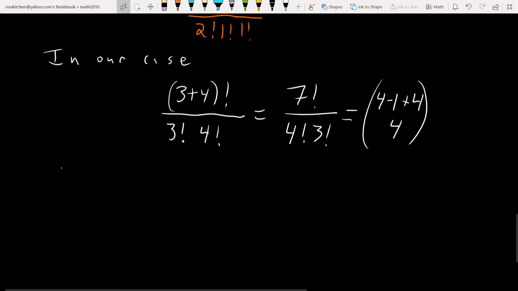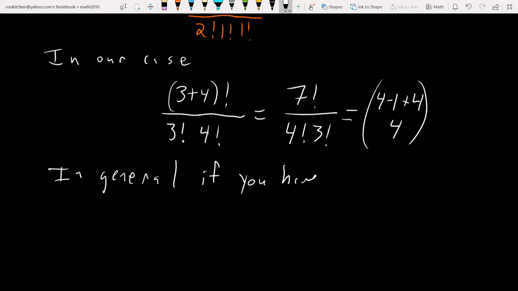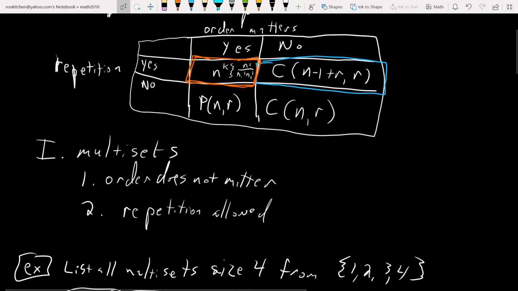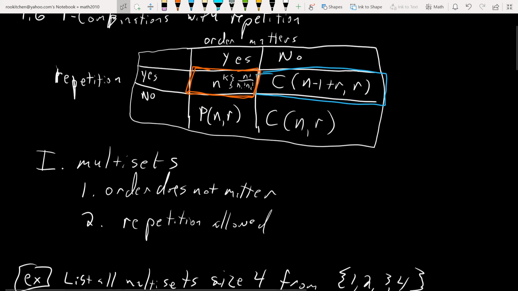So in general, if you can accomplish this kind of transformation into x's and bars, if you have n bars or slashes and then r x's, the formula you use is going to be n minus 1 plus r, choose r, okay, which is the formula that I put in the box here, in the blue, that you aren't as familiar with.